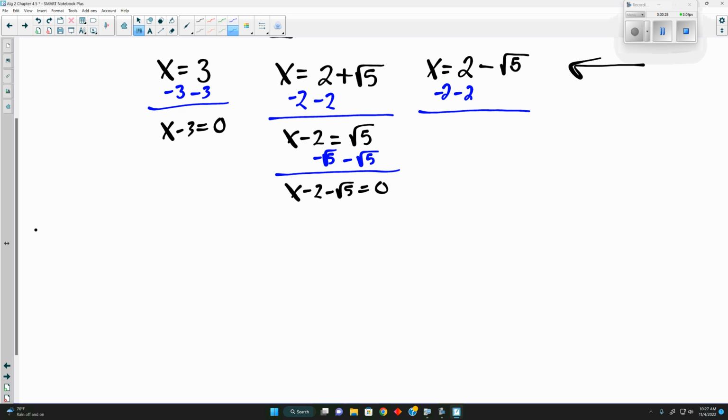And last but not least, we're going to do it with this one here. x minus 2 is equal to negative square root of 5. So now we would add square root of 5 to both sides, telling us x minus 2 plus the square root of 5 is equal to 0. Okay? Questions on anything we've done so far?